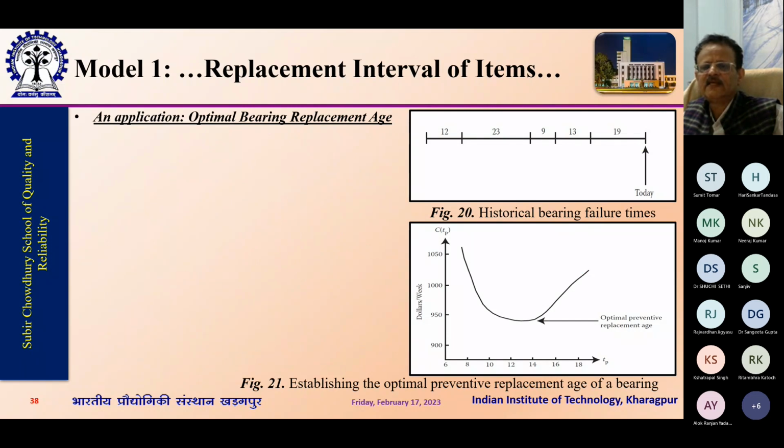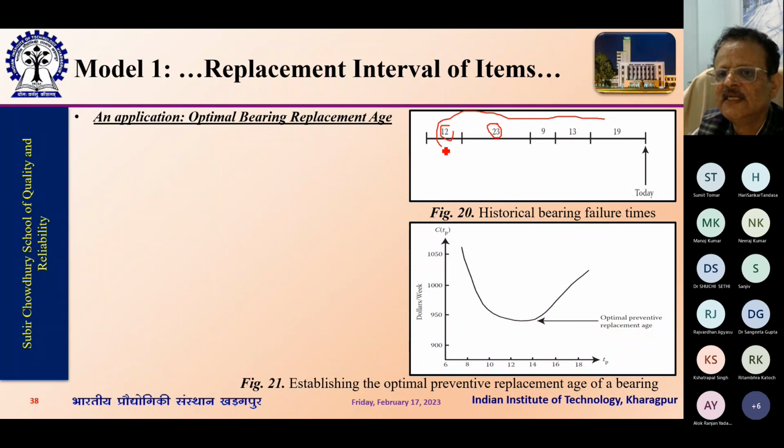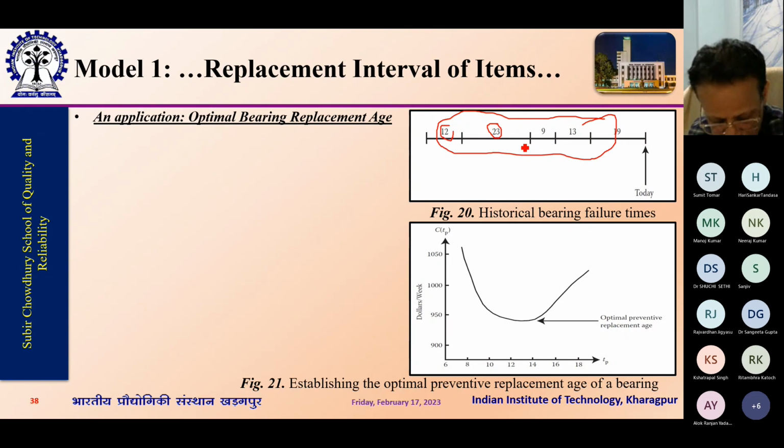One participant was asking what to do. Suppose the previous history shows the item has failed. First it failed at 12 hours when it was replaced, then it operated for 33 hours, then 9 hours. So you know the failure data, and this is to be modeled. And when modeling is done, then we have to see what beta is coming out.